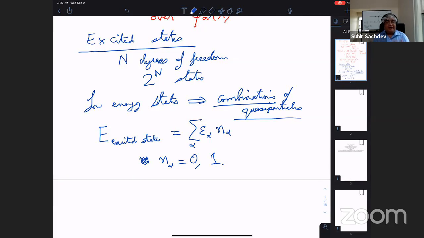Now, this turns out not to be enough, as you'll see in a few minutes. You have to think about interactions between them. So imagine you have a very big system, and here you have some orbital in which you excite a particle, and then there you have another one that you excite a particle. Well, if you excite enough of these over here, that will influence the energy of this one.